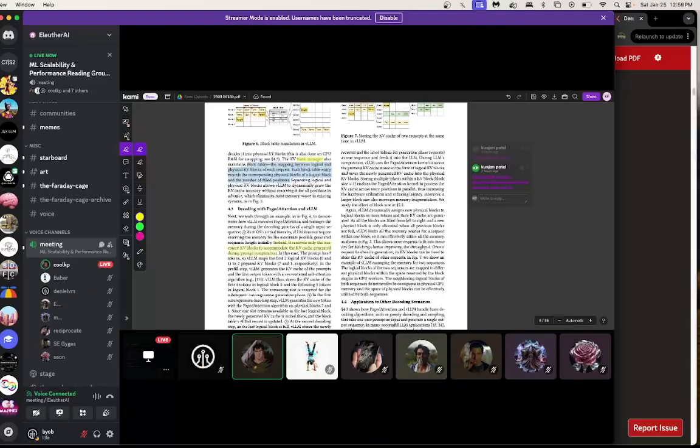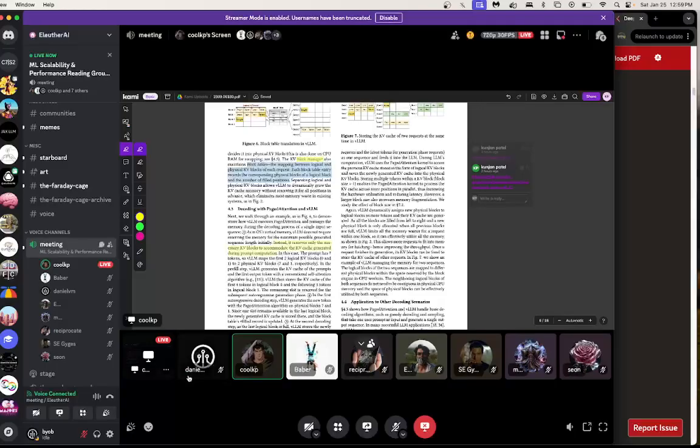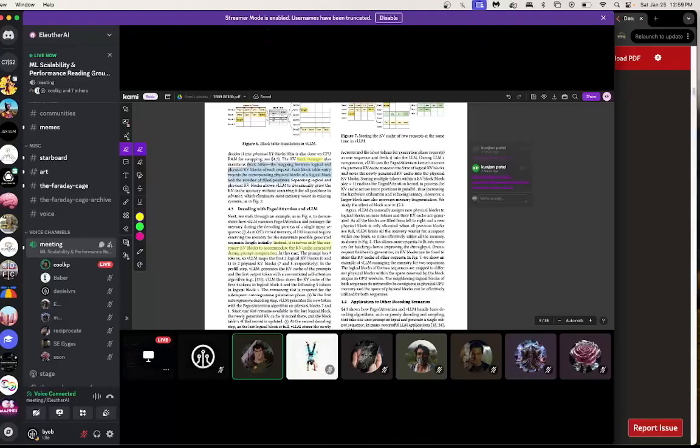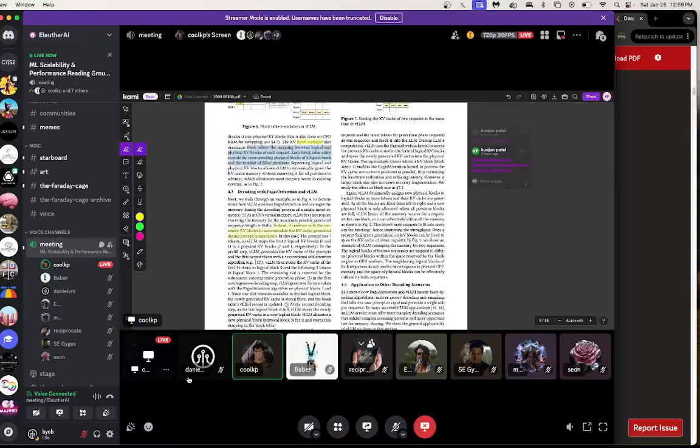But the benefit of a bigger block size is also here in the computation, where you can process more positions in parallel, and you're increasing hardware utilization.